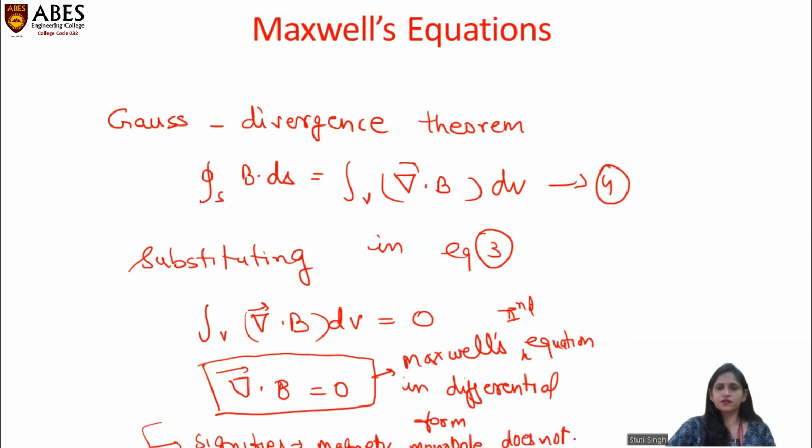So this is Maxwell's second equation in differential form. And again, we can see the significance of Gauss's law of magnetostatics is not changing. Maxwell has written this beautiful law just in a mathematical manner, the differential form. Okay.